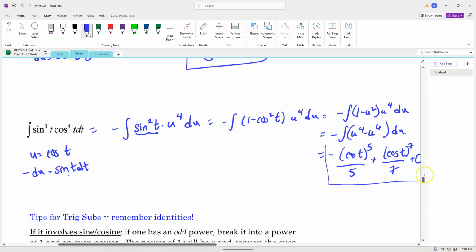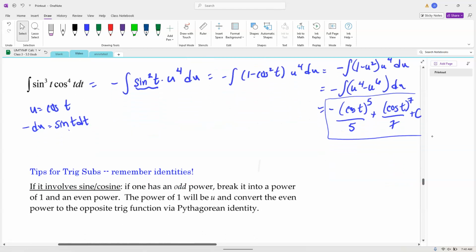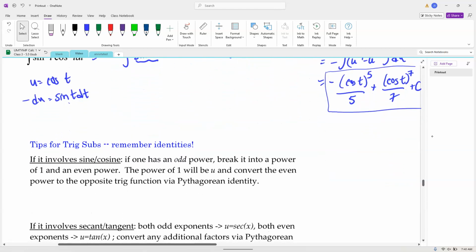Okay. So with trig, at least remember that those Pythagorean identities are there, and you can convert sine squared or cosine squared to the other one using that Pythagorean identity. So the rule, I don't want to say rule, but rule of thumb, or a good trick to try. I don't like tricks in math though. Strategy. Let's go with strategy.